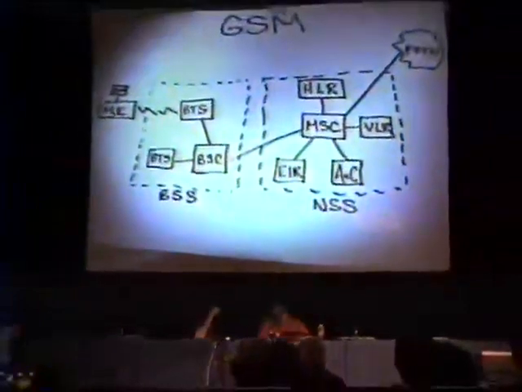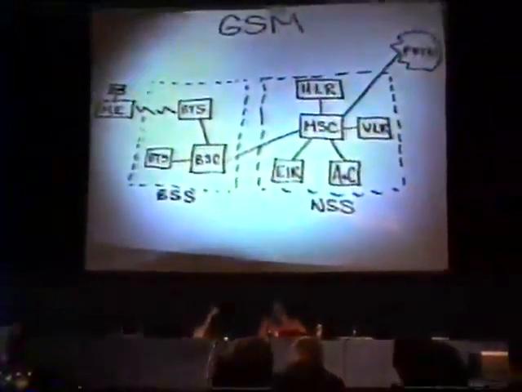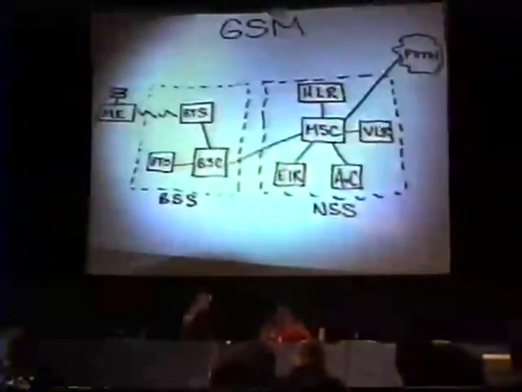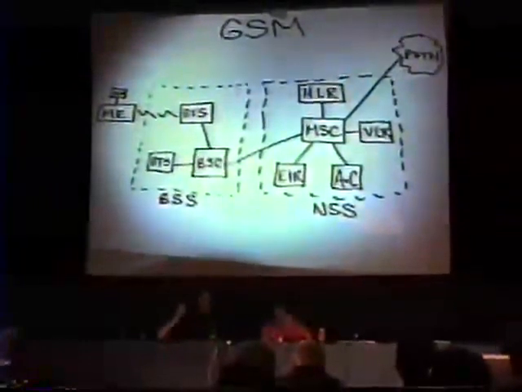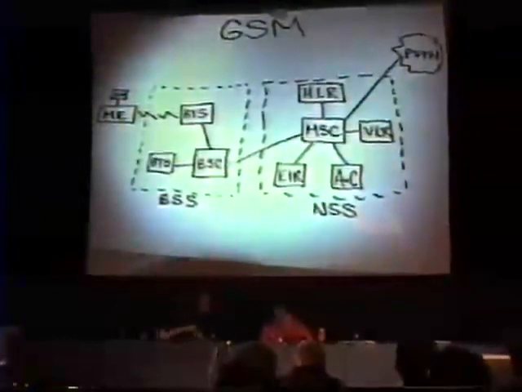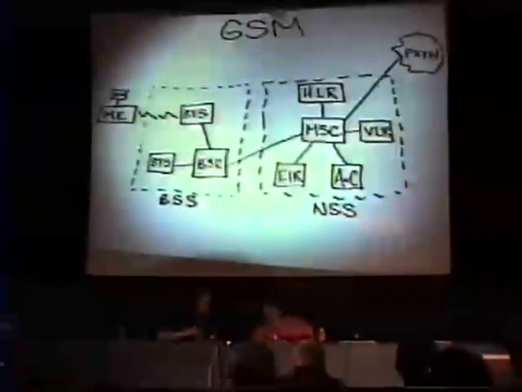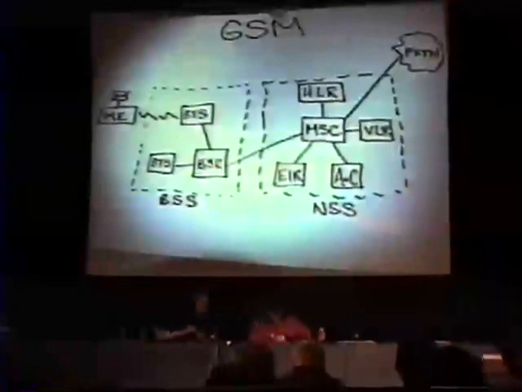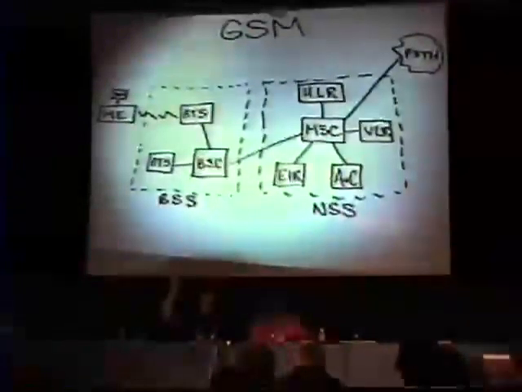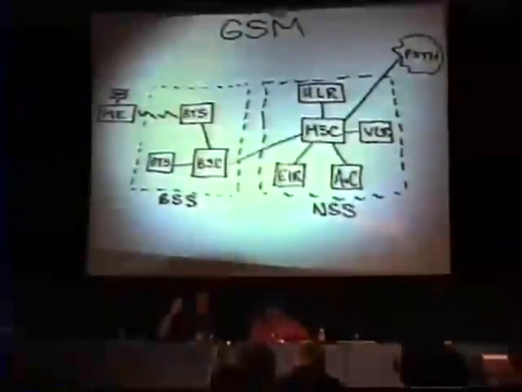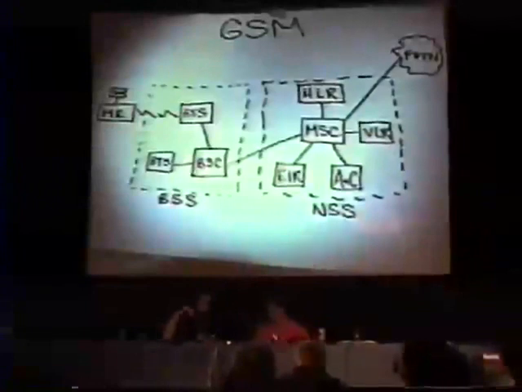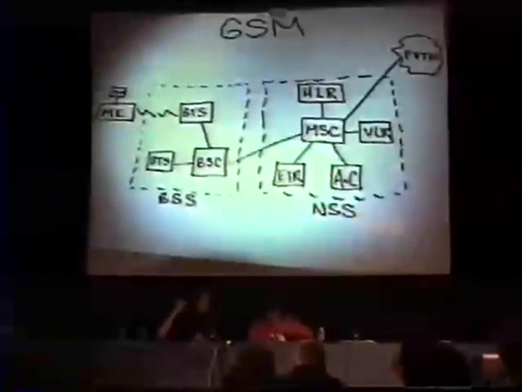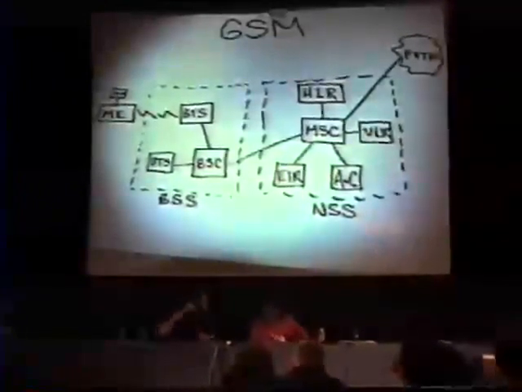Starting from the left, we have the mobile equipment, which is a handset. Inside the mobile equipment is a subscriber identity module. I'll show that to you. It's a little smart card. Some of them are this little plug-in size, and some are full credit card size. For the phones that take the full credit card size, you could insert the smaller one into a plug-in adapter.